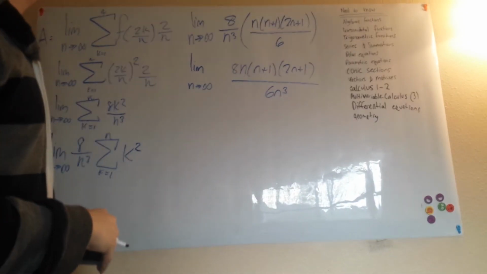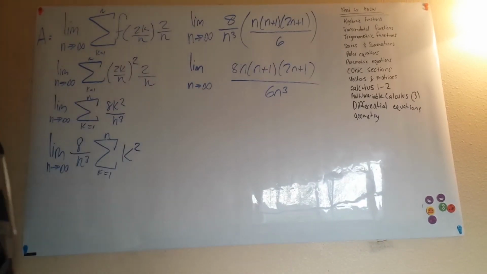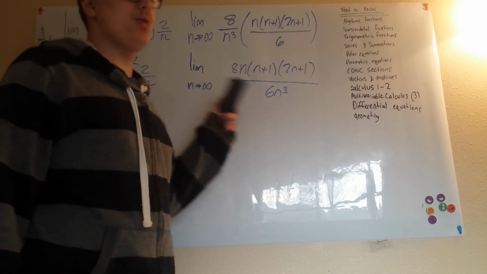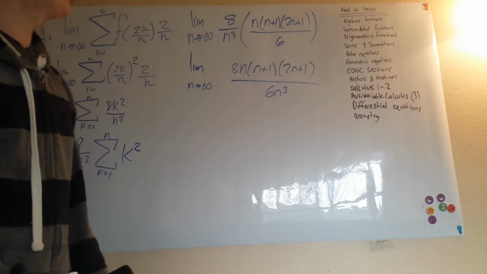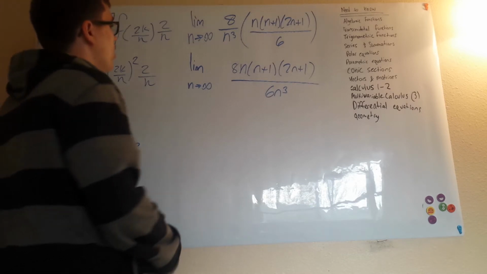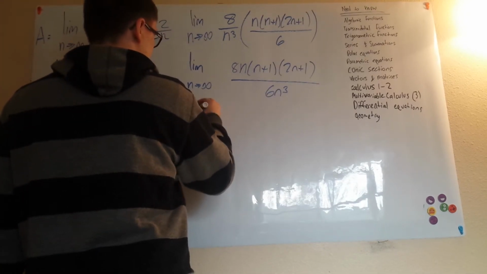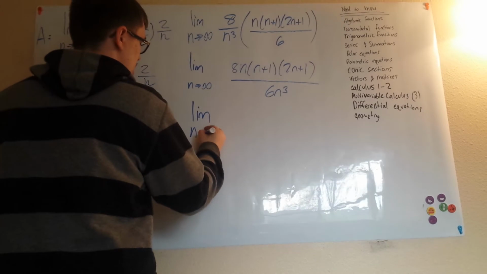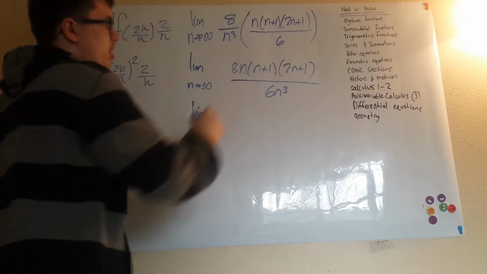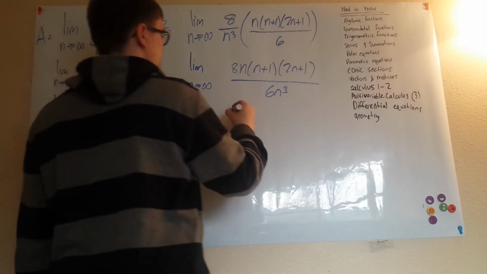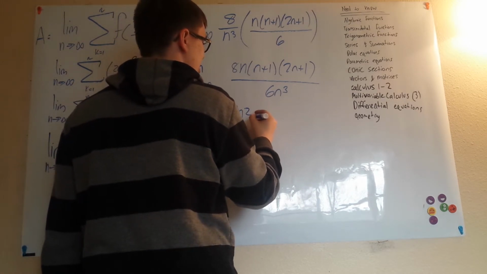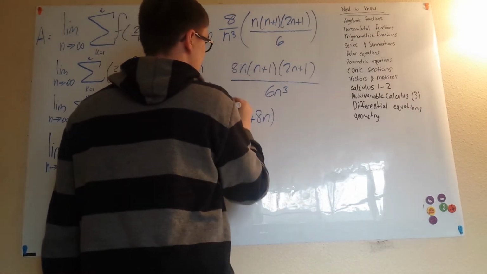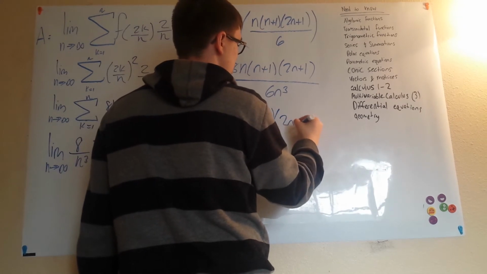Now, from here on out, we have to find the limit as n approaches infinity. This looks like a rational function, kind of, right? If we expand all this stuff on top here, we're going to get 8n squared plus 8n times 2n plus 1.